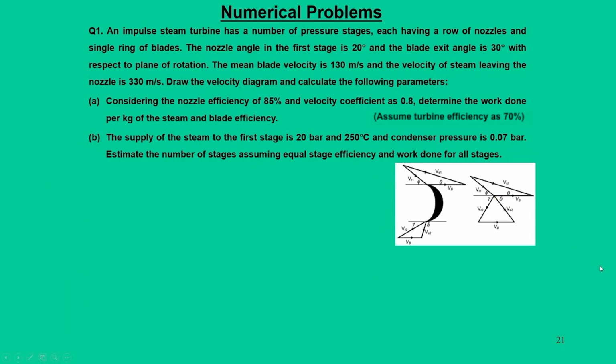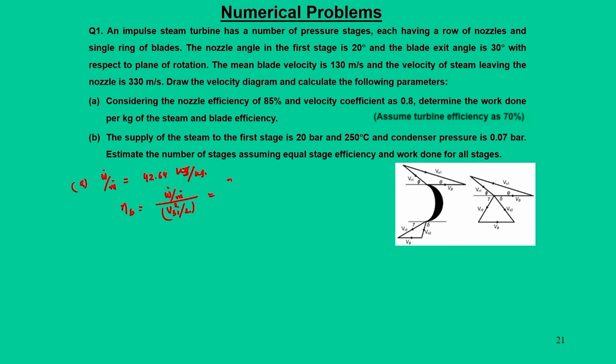Then going to the blade efficiency, we say W dot by M dot is 42.64 kilojoule per kg, and blade efficiency, that is eta blade, would be W dot by M dot divided by Bs1 square by 2.